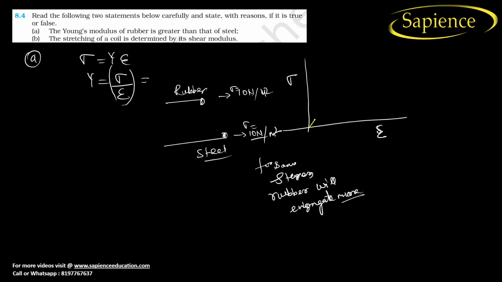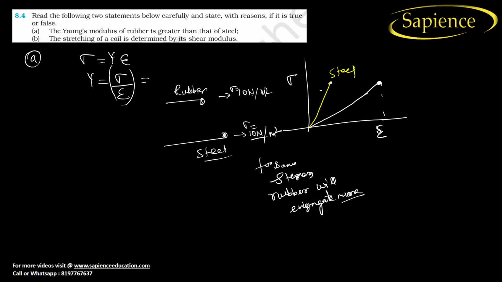So for steel, let us consider this is steel, and for the same stress rubber will elongate more, so this is rubber.